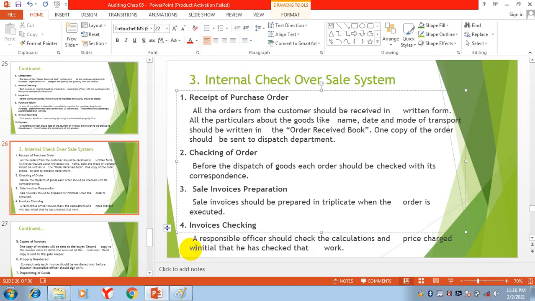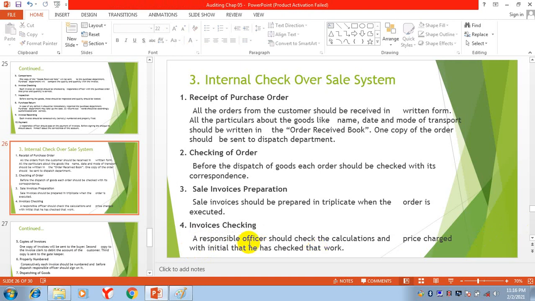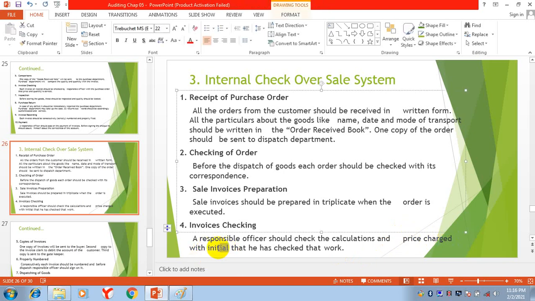There will be a responsible officer. He should check whether the calculations are correct or not, and whether the price charged is correct or not, with initials. Initials means his sign, that he has checked that work.